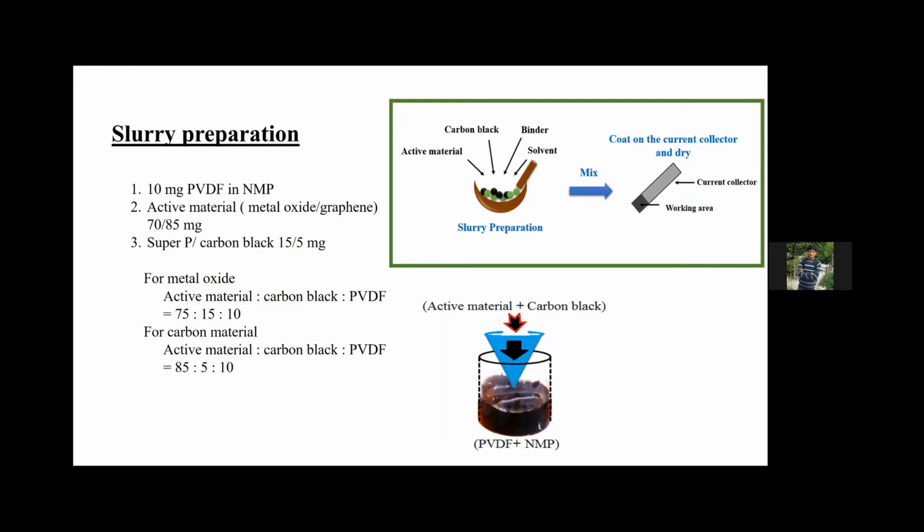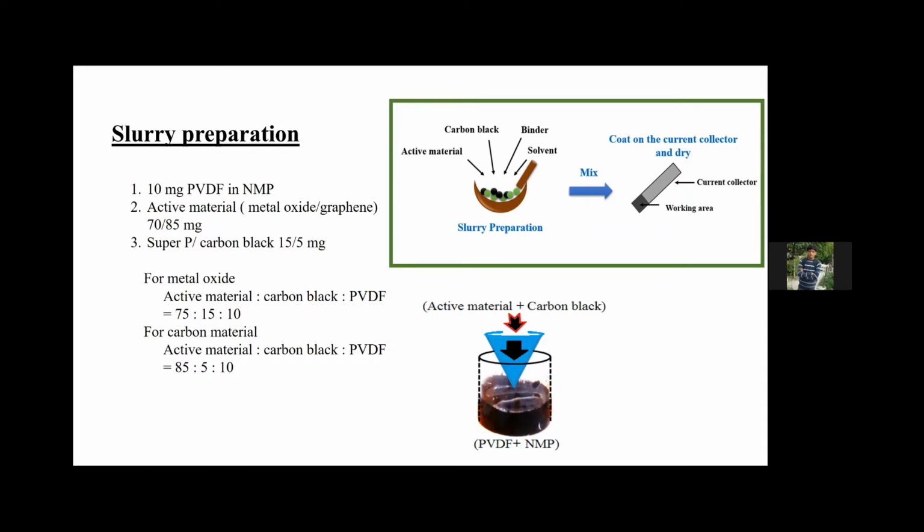After this dissolves, we will clearly see in the NMP it becomes a glue-like structure. After that, we mix the active material and the carbon black at the same time, and stir this slurry for a couple of hours.